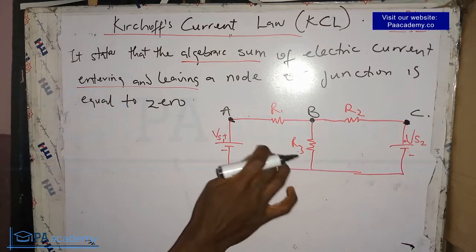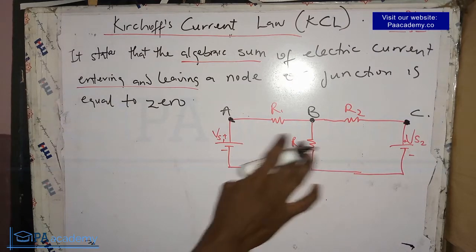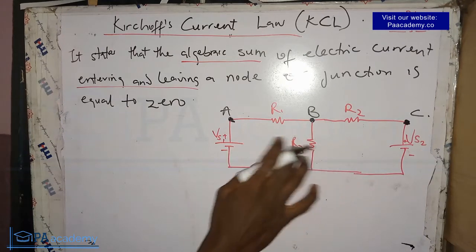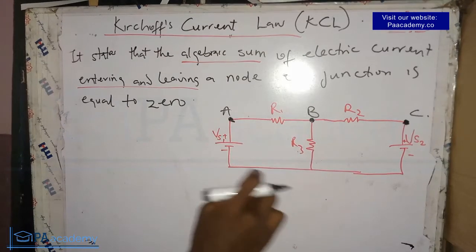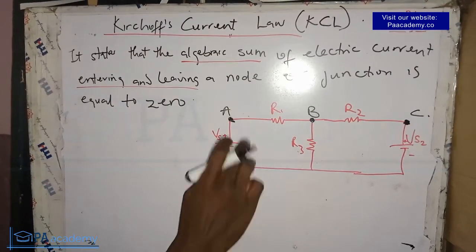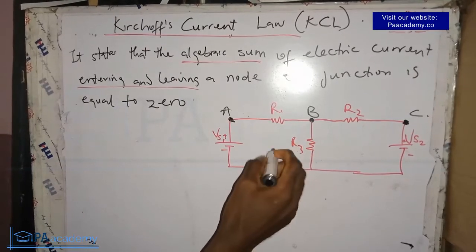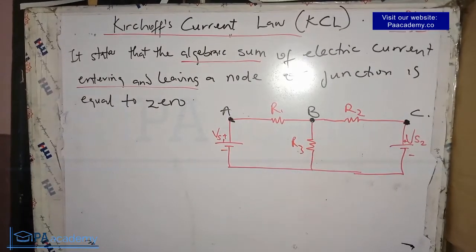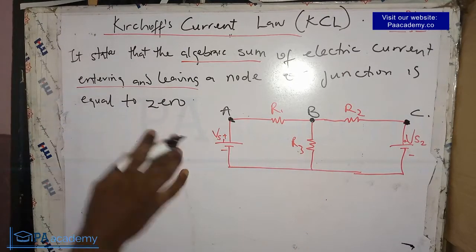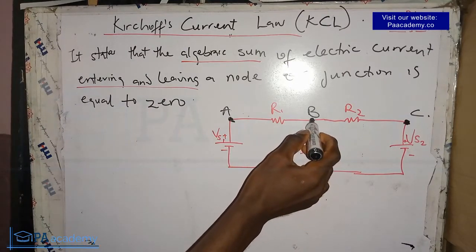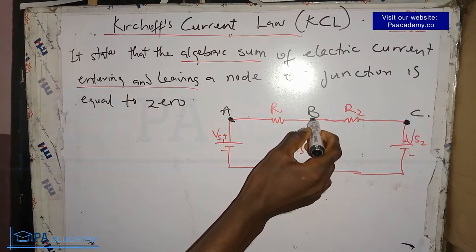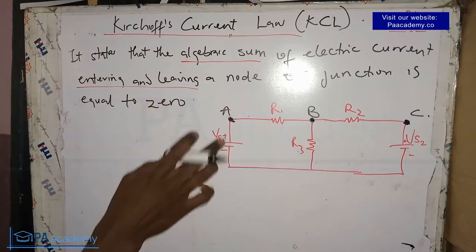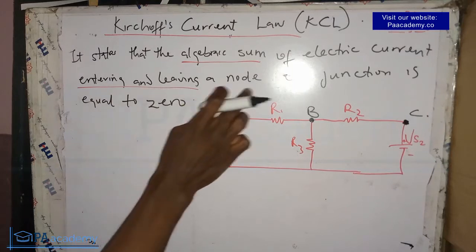Now we have two meshes. A mesh is a closed path in a circuit. So this is a mesh, and this is also a mesh. But since we are dealing with Kirchhoff's current law, we are going to use this node as our reference point. It says the current entering or leaving a node or junction.